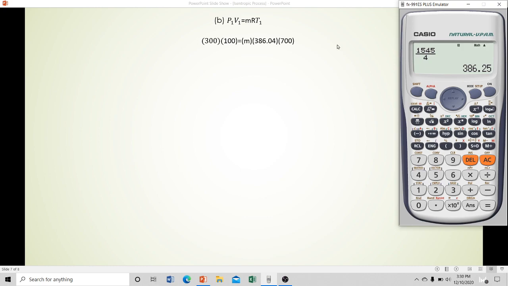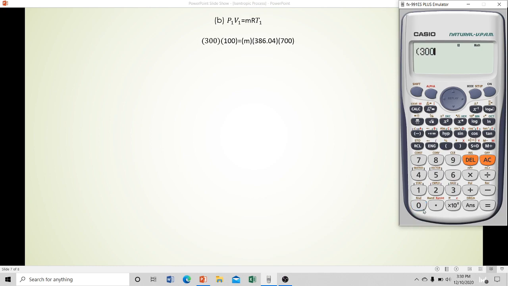So we can get the value of the gas constant. We should multiply by 144 for converting the inches squared into feet squared to balance our equation.